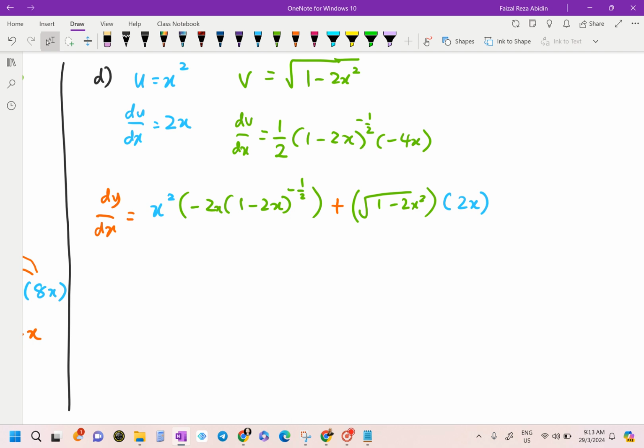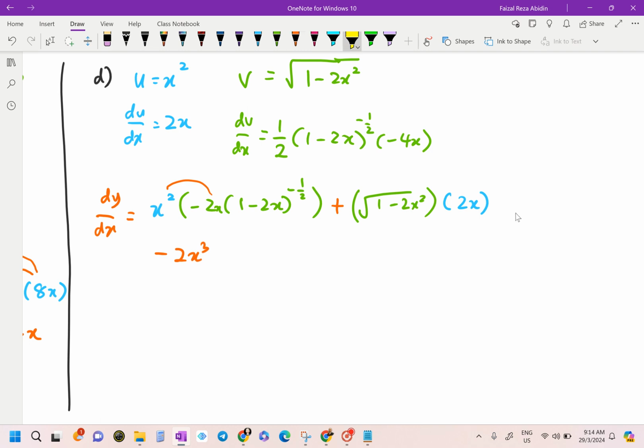2x. Okay, this one, if I want to make it 2x with this one, I am going to expand this one. Negative 2x times 1, I can simplify this one, expand. So I'm going to get negative 2x cubed, right? Negative 2x cubed.